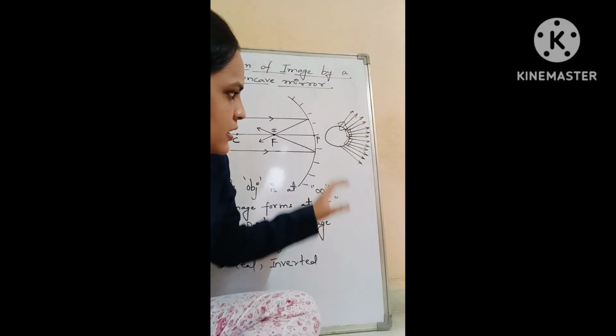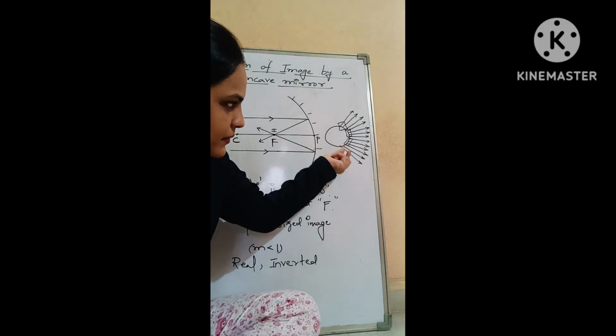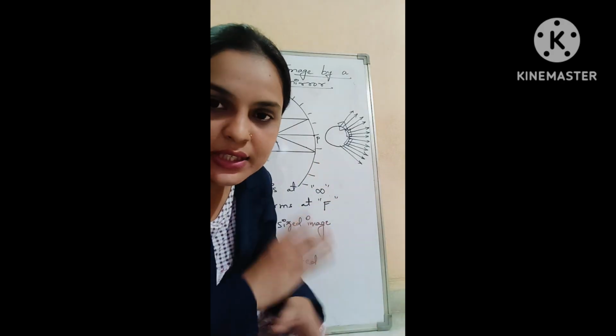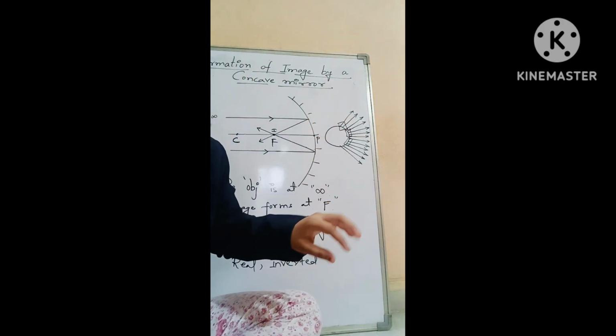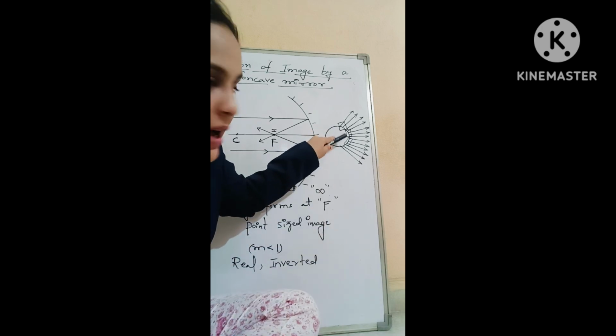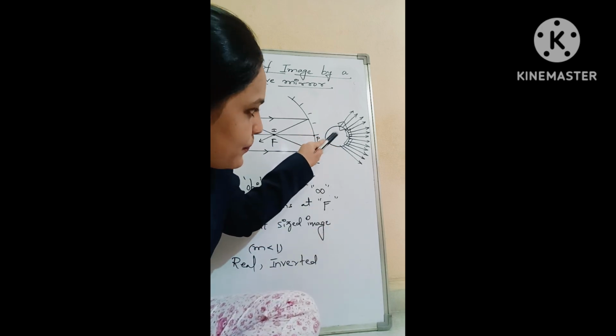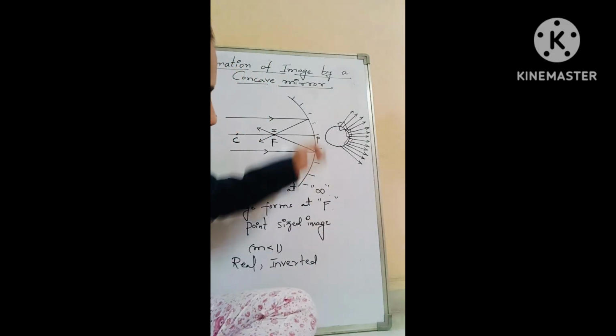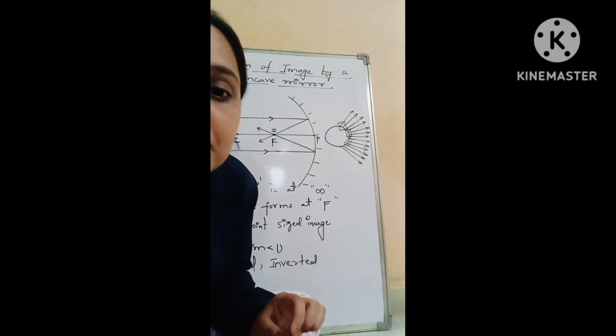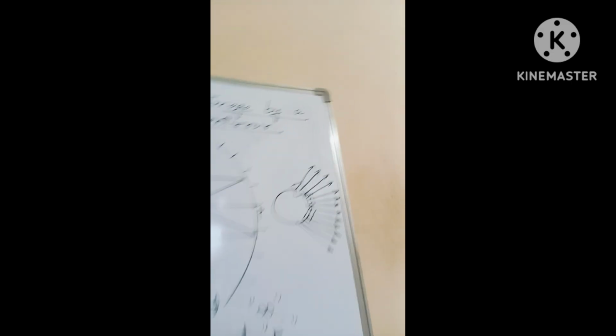Now if you observe the rays which are closer to the sun, you consider this part, this part, this part. I think you all can see this part, right? I took this. So if you observe the rays which are very close to the sun, this bunch of rays appears to be parallel.